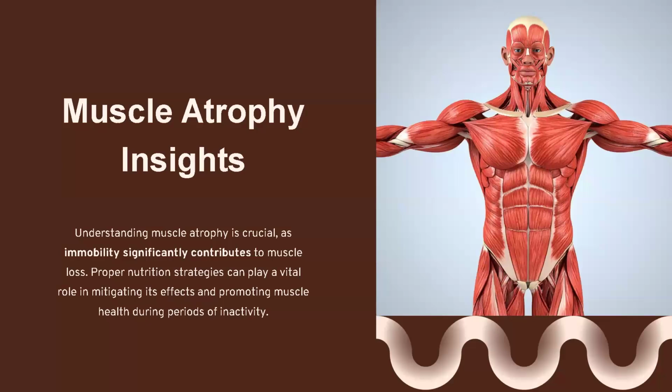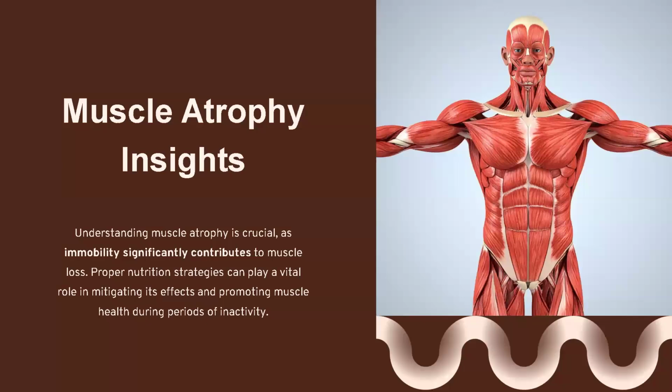Types of atrophy, I had already mentioned, maybe we can just go through it again to give insight. We have the disuse or immobility-induced, which is our main focus today, where there is reduced mechanical load that decreases mechanistic target of rapamycin signaling and increases ubiquitin proteasome system activity.